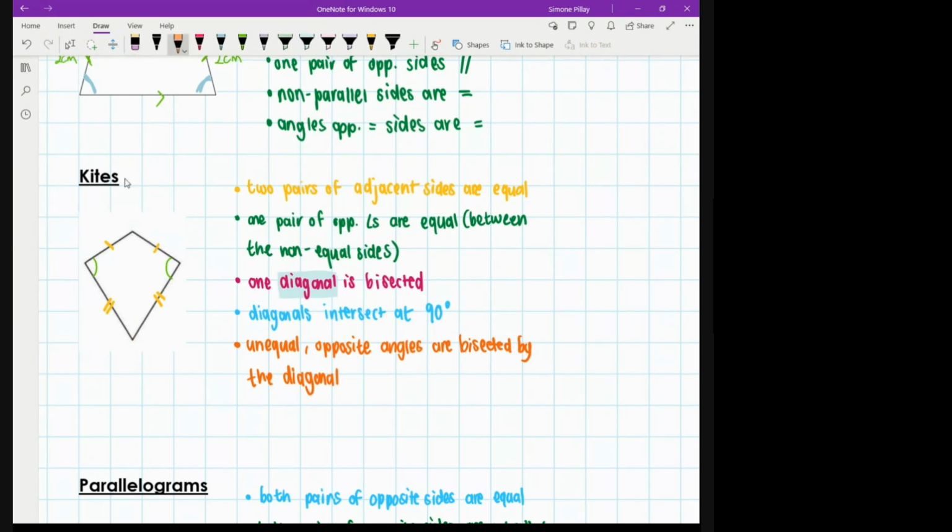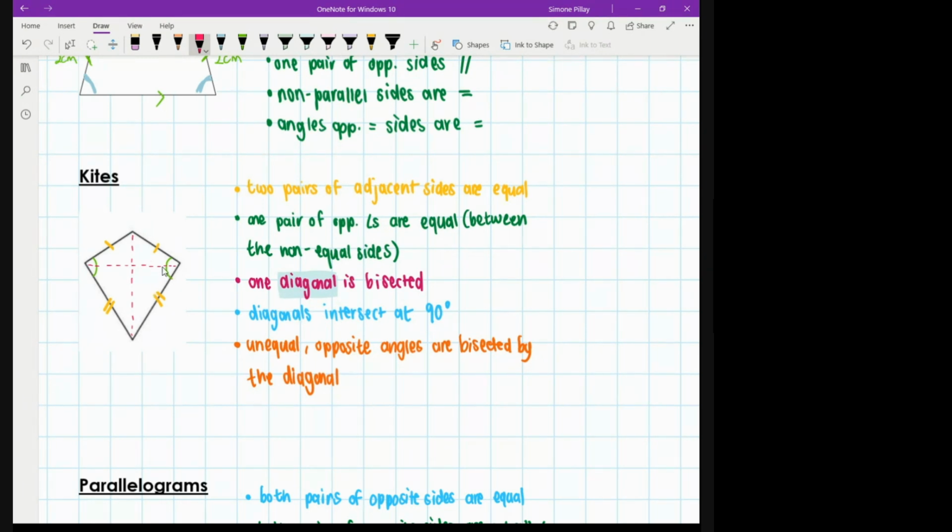Okay. And so what they're saying is that one diagonal is bisected. So if I draw in my diagonals, I obviously will have two diagonals because my two diagonals will join my four corners. Okay, so I've now drawn in my diagonals, and they have said that one diagonal is bisected.